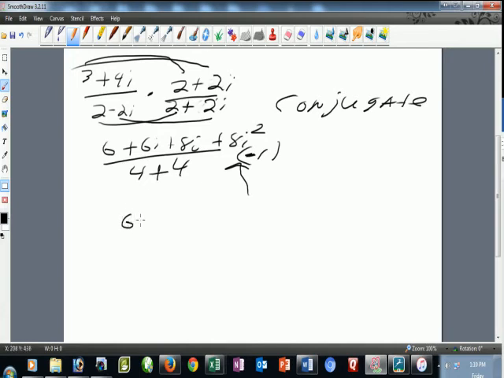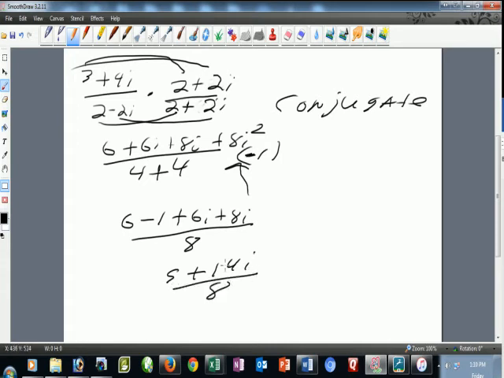So that becomes 6 minus 1 plus 6i plus 8i, over what? 8. So that becomes 5 plus 14i over 8. Check my math. 6 plus 6i plus 8i, right?